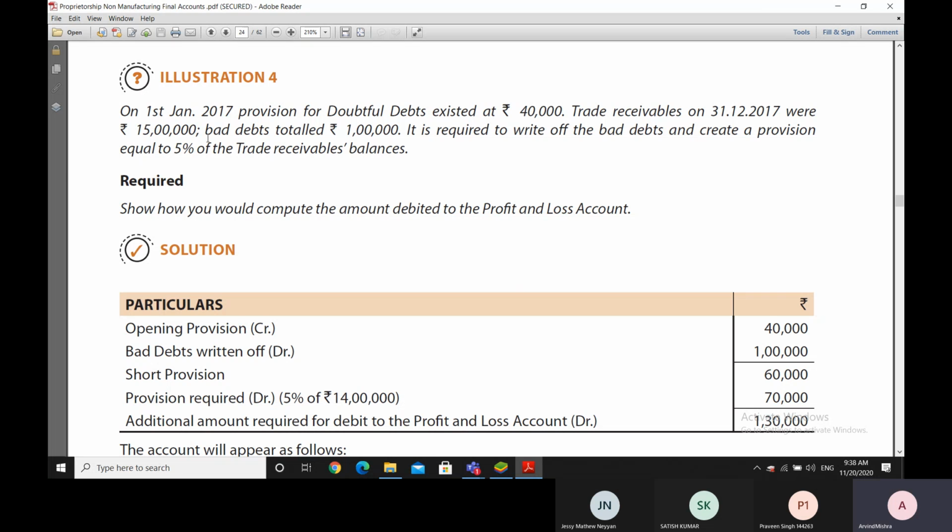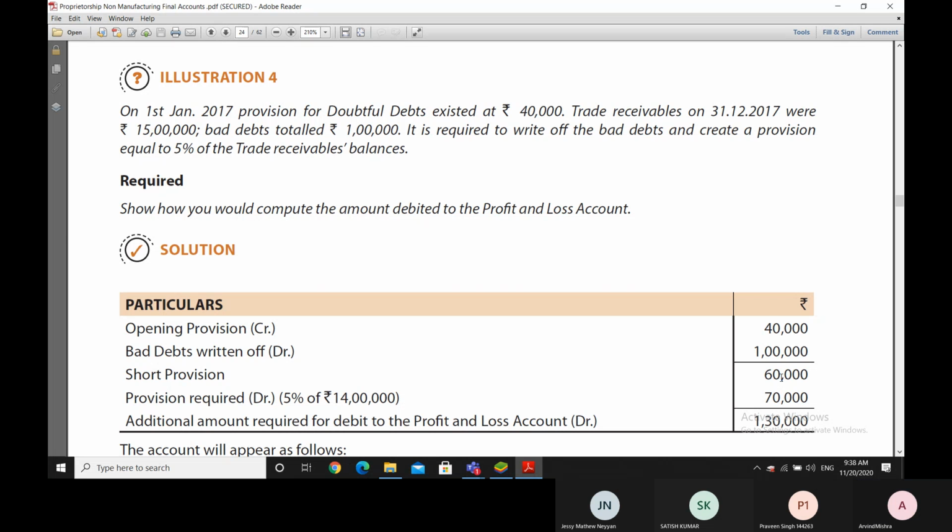Since at the end of the year our trade receivable balances are 15 lakh rupees and our bad debts are 1 lakh rupees, we start with the opening provision of 40,000 rupees. Since we are supposed to write off 1 lakh rupees, we know that our provision is short by 60,000 rupees.